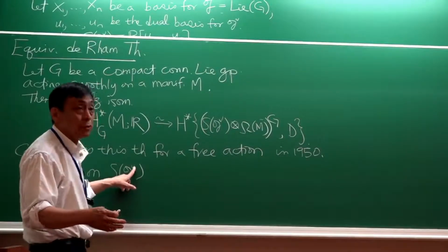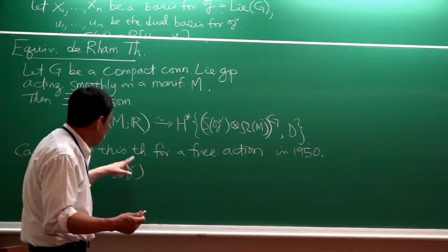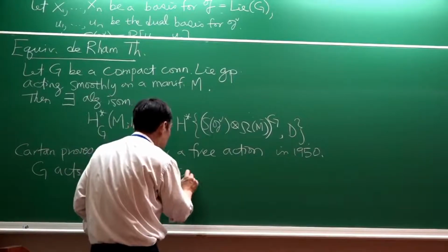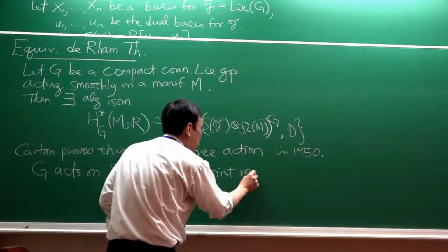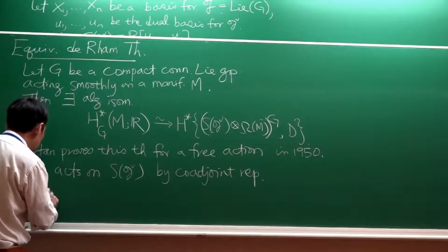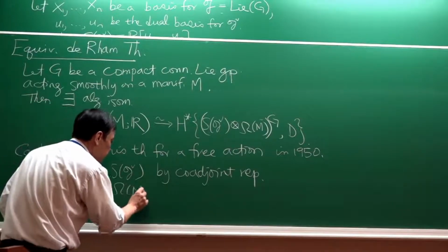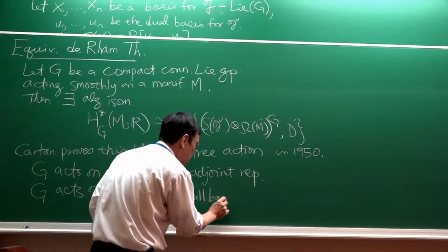So it acts on the dual by the co-adjoint representation. So it acts on this by the co-adjoint representation. Okay. And G acts on the differential forms by pulling back.